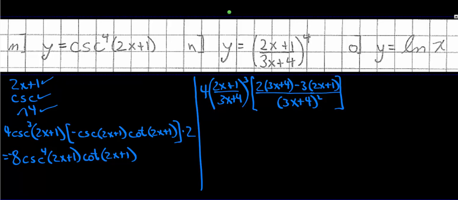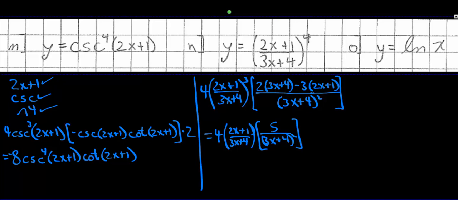Now you can simplify it a little bit. You've got 4 times 2x plus 1 over 3x plus 4. And then inside here you've got, I guess 5, right? 5 over 3x plus 4 squared. Yeah, 8 minus 3.